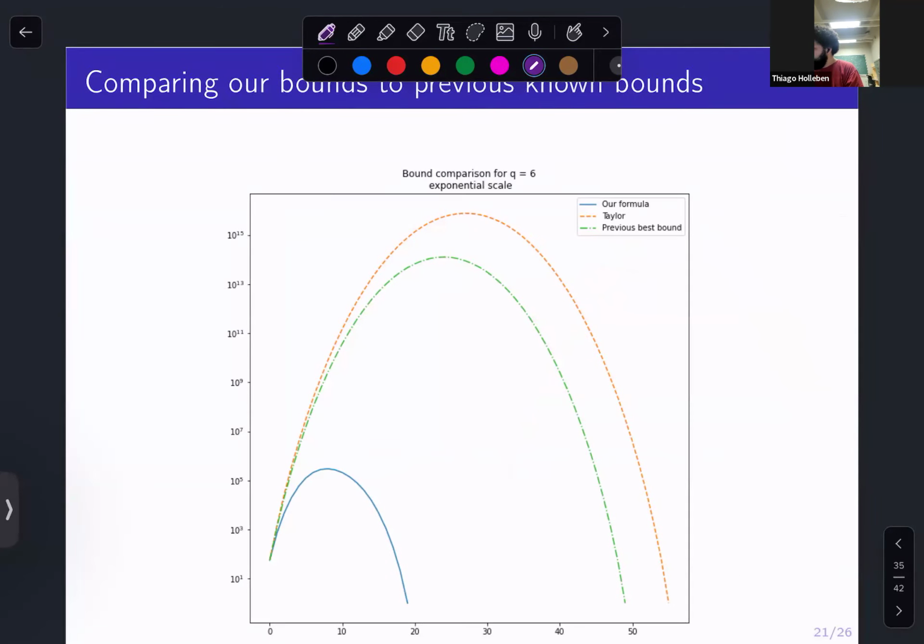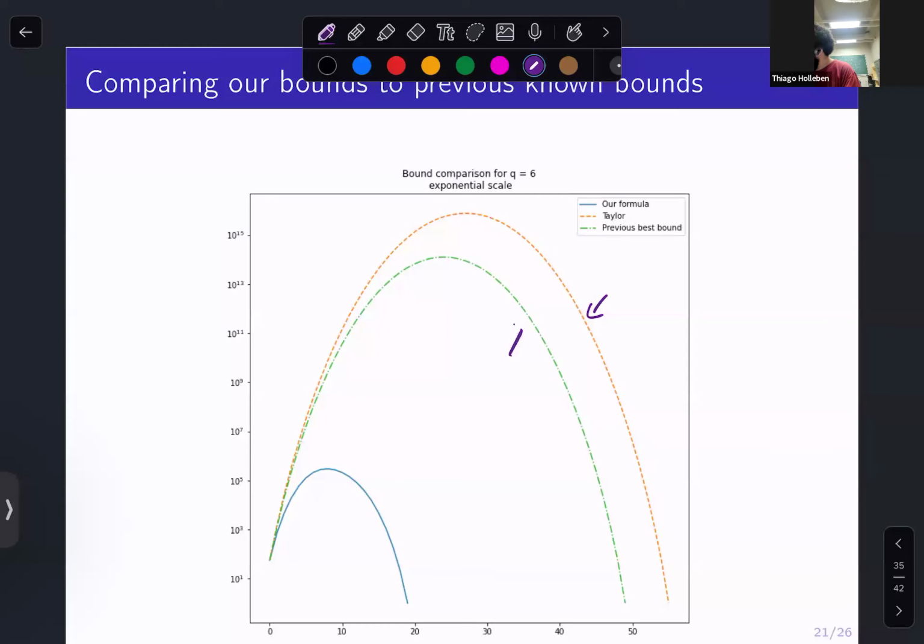So here's a nice graph comparing the bounds that people had on what the largest Betti sequence of a third power can be. I don't know if you can see it. This one here, the largest one, was the bound that people get from the work of Taylor, the one that I mentioned in the middle of the talk.